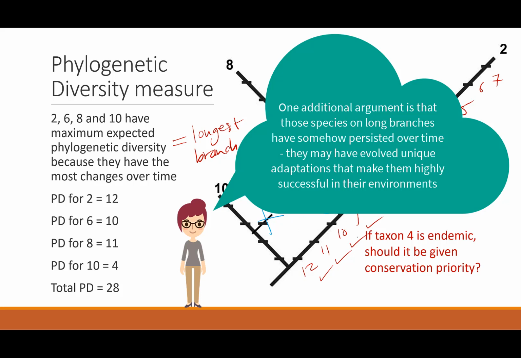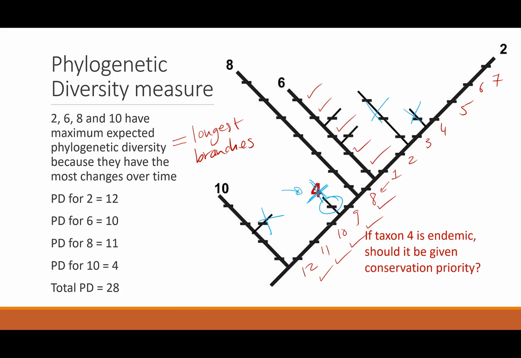So the answer here for taxon 4 is no. If taxon 4 goes extinct, you're really only losing 1 unique feature or molecular change along that branch.